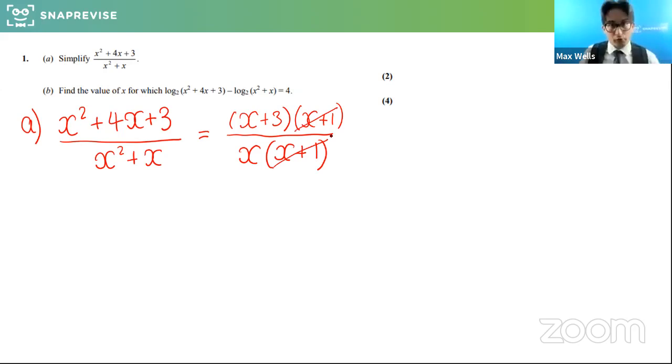If you do struggle factorizing, obviously this one was quite nice, but if you do the easier part first, if you factorize x squared plus x first, it often hints at one of the factors in the numerator, or vice versa. So this tidies up. Brilliant.